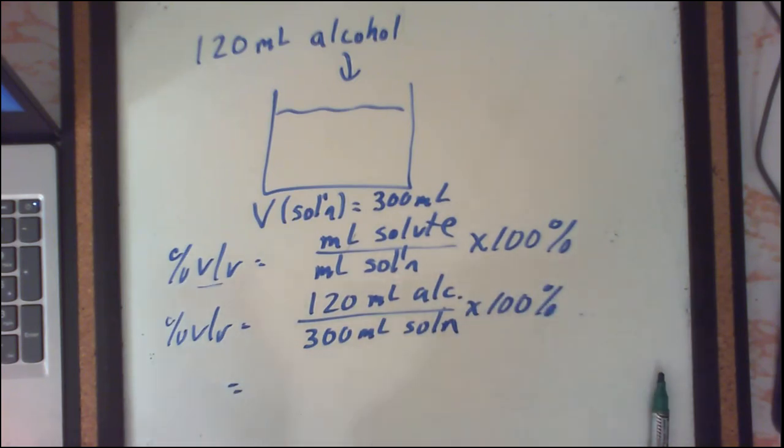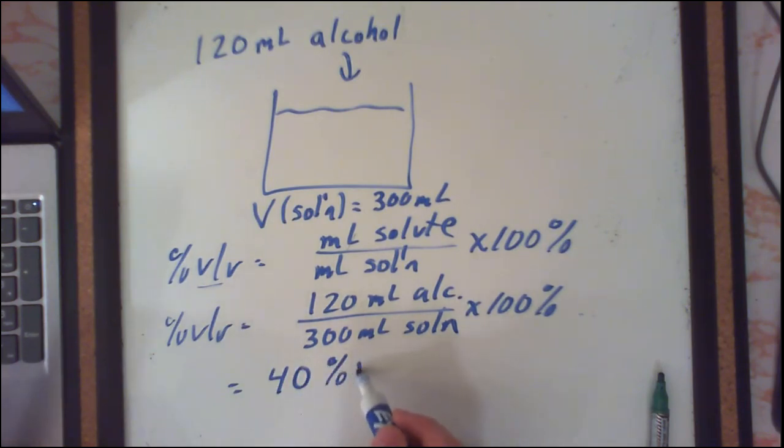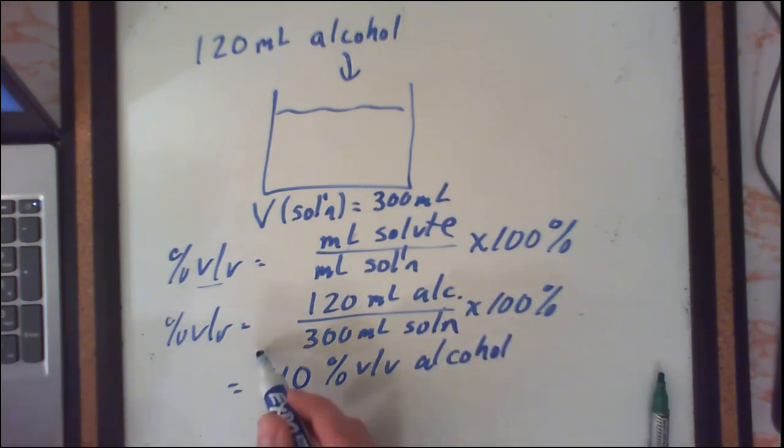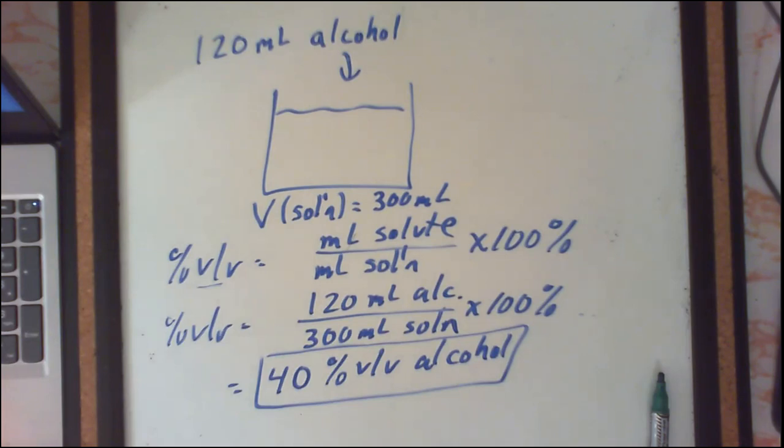So our answer is 120 divided by 300 times 100, which gives us a percent volume of 40% volume alcohol. So that's how we would label this particular alcoholic beverage as being 40% volume alcohol.